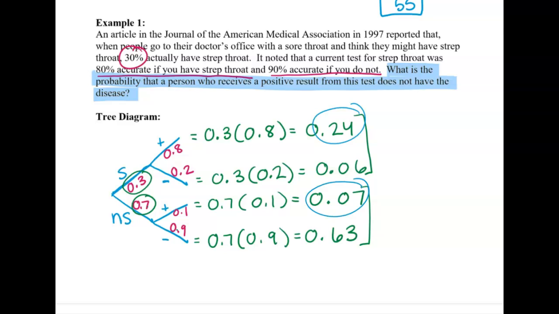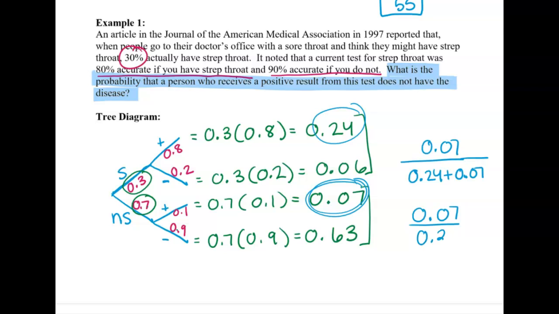So that total then is my 0.24 plus 0.07. Okay, so those are all the people that received a positive result. Out of those, who doesn't have the disease? That's the 0.07. So we have 0.07 over 0.24 plus 0.07 equals 0.31. So 0.07 over 0.31.